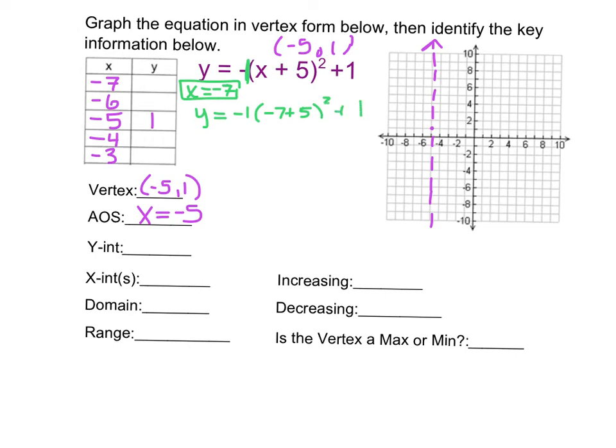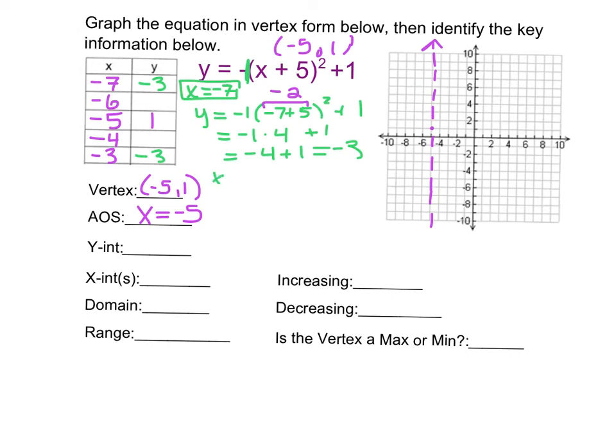Well, I know that this inside piece here is going to become -2. -2 squared is 4. So this is really -1 times 4 plus 1. So that's -4 plus 1, which is -3. And then I expect to see symmetry, so on the other side it would also be a -3.